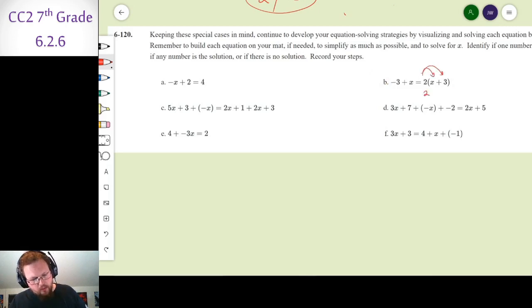So it's going to be 2x plus 6 on the right side, and then the left side is going to be -3 plus x. So I'd like you to take a few minutes and try to solve this. Actually pause the video, get out a piece of paper, try writing them down and solving it. I promise there's value in trying to do that. And then I'll walk through a couple of these in just a second.